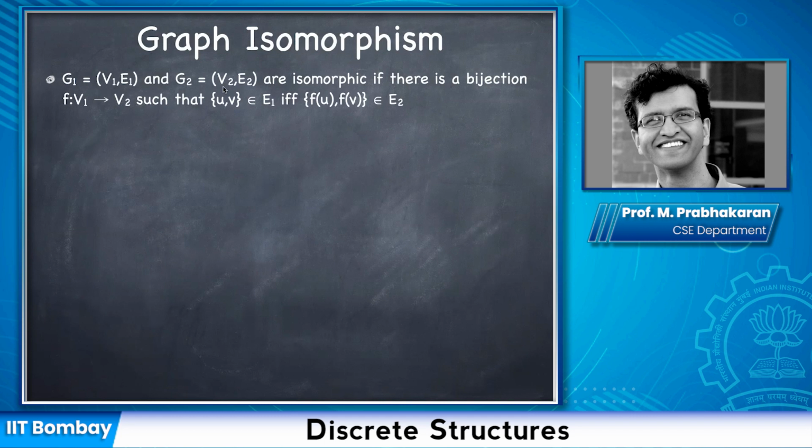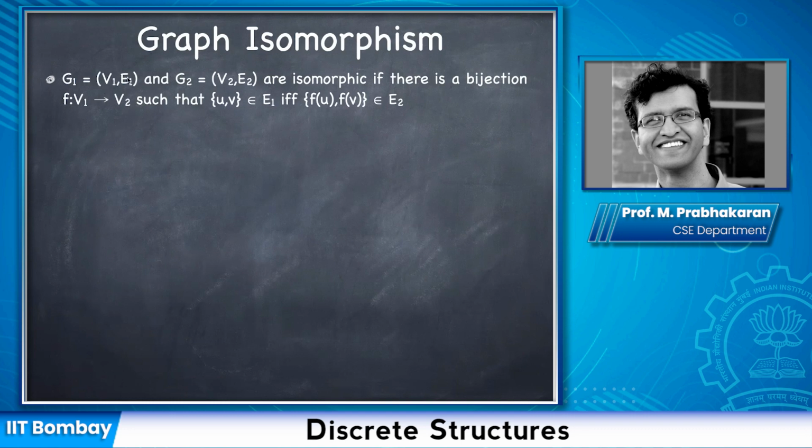So, maybe in V1, I numbered the nodes as 1, 2, 3 up to 10. And here I numbered them, say, 0, 1, 2, 3 up to 9, for instance. And it could be the same graph, essentially, with just the relabeling of the vertex names, or vertex labels. So that's what graph isomorphism captures.